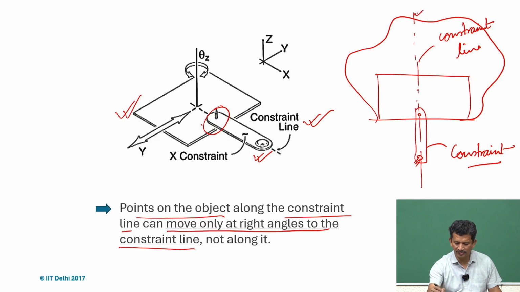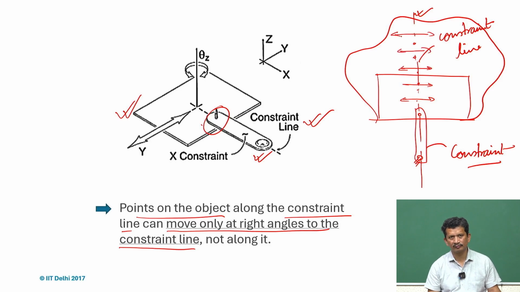So, if this is the constraint line, any point we take can only move in the perpendicular direction, only that is possible. And any motion along the constraint line is not possible. There is no motion possible along this line.